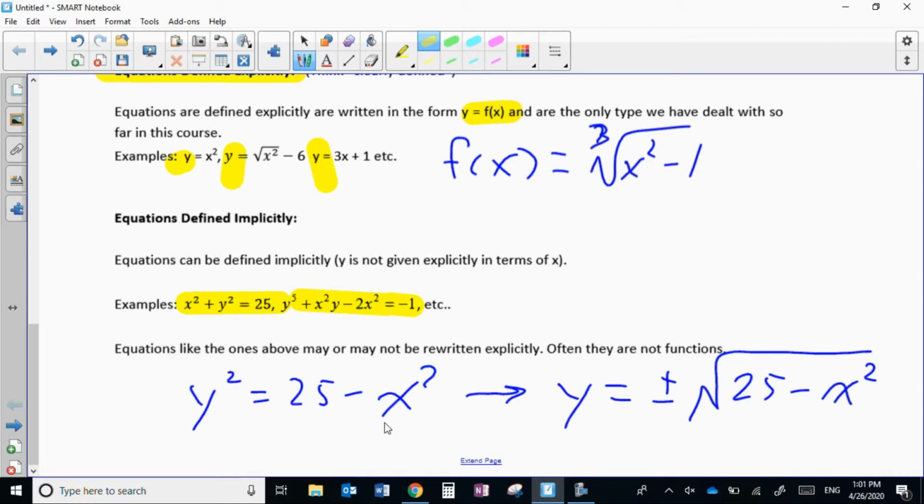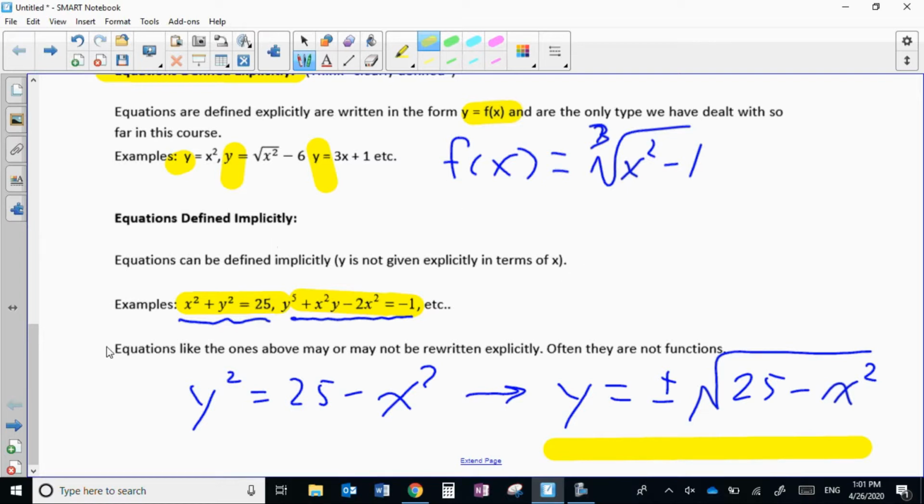In fact, after we learn a new algebraic technique for finding the derivative implicitly, implicit differentiation, we'll find that this original equation, x squared plus y squared equals 25, is just as easy to differentiate. It's actually easier to take the derivative without needing to rearrange it like this. The other thing to think about is that with implicit equations, often it's not possible to solve for y. I don't believe you can solve for y in this second equation. It's certainly not easy if you can, and it might even be essentially impossible.